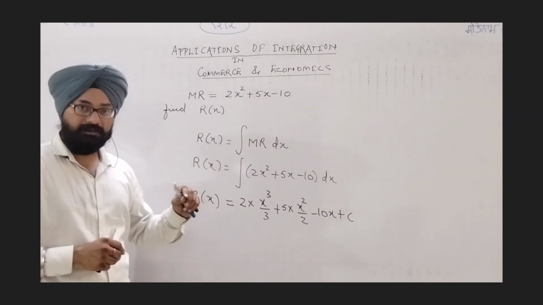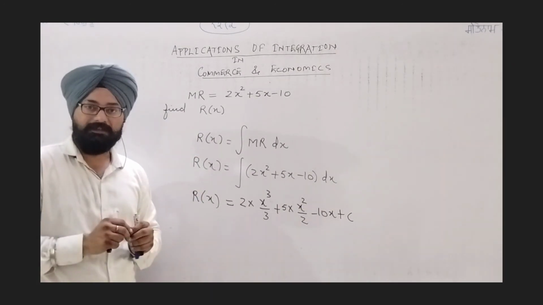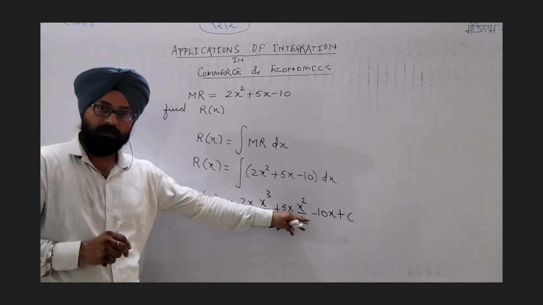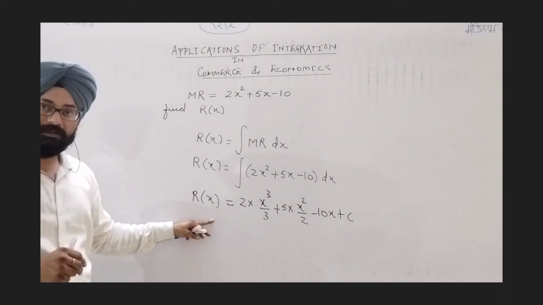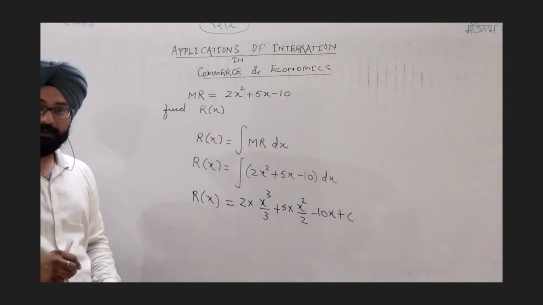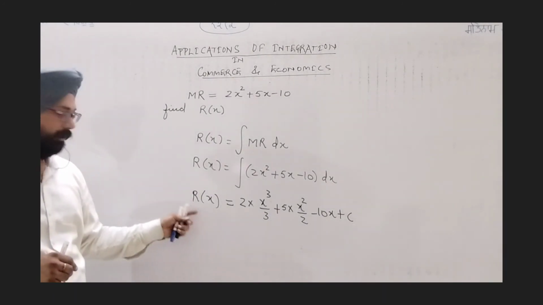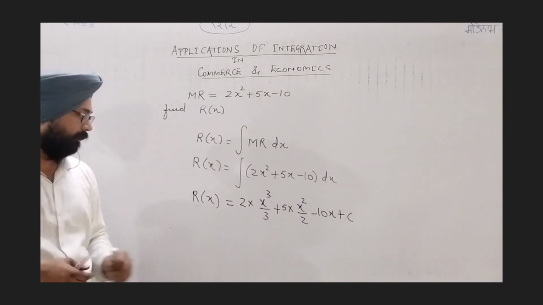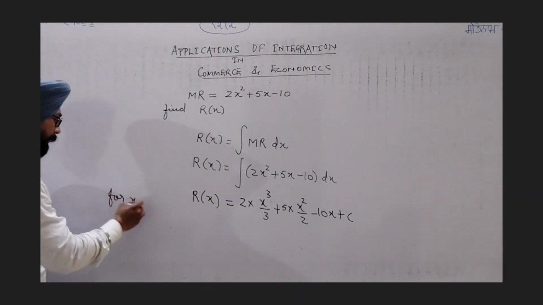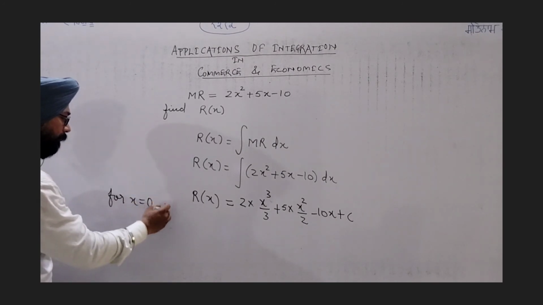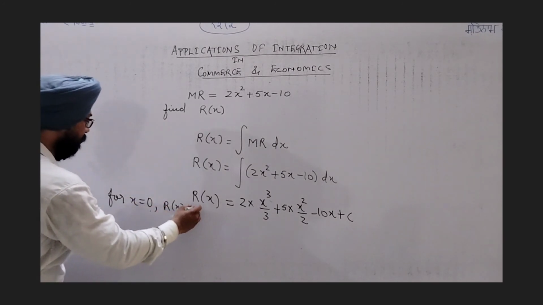In the very initial condition, when no unit is sold, the value of revenue also is 0. So we can use this information every time in the case of the revenue function. For x equal to 0, Rx also is 0.